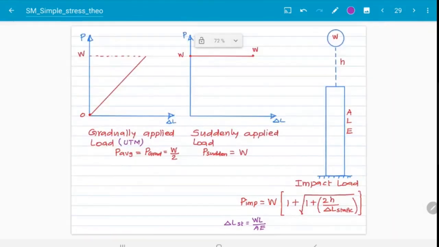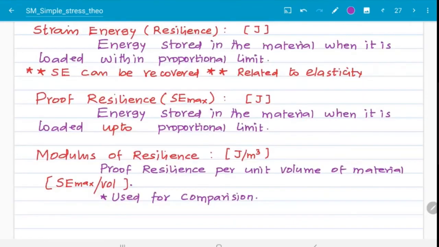So these are the three methods of applying the load. Same amount of load, but the method of applying the load is different. One is gradually applied load, like our UTM, then suddenly applied load, then impact load. Now come to our stress strain curve.